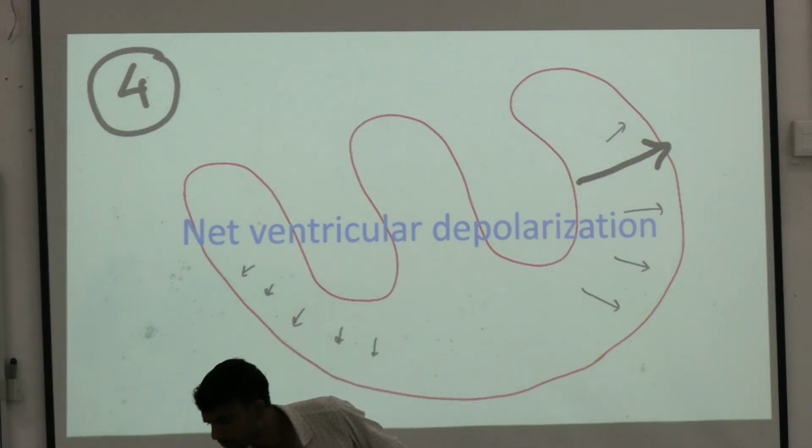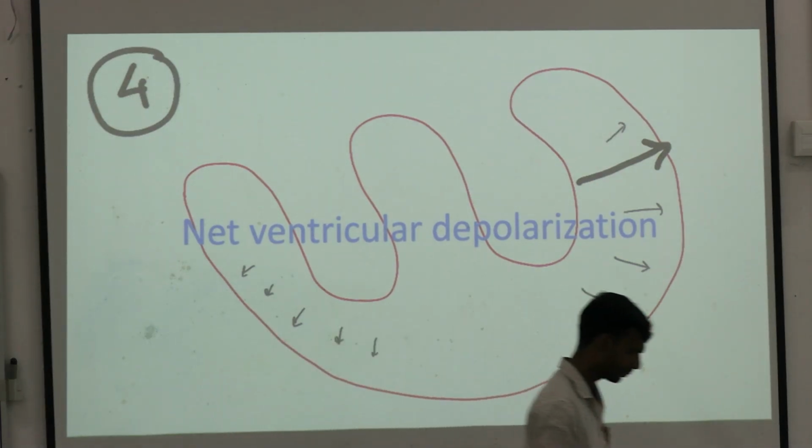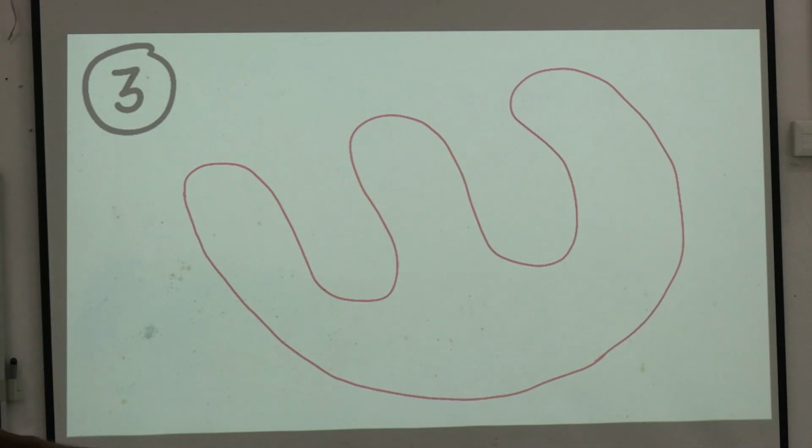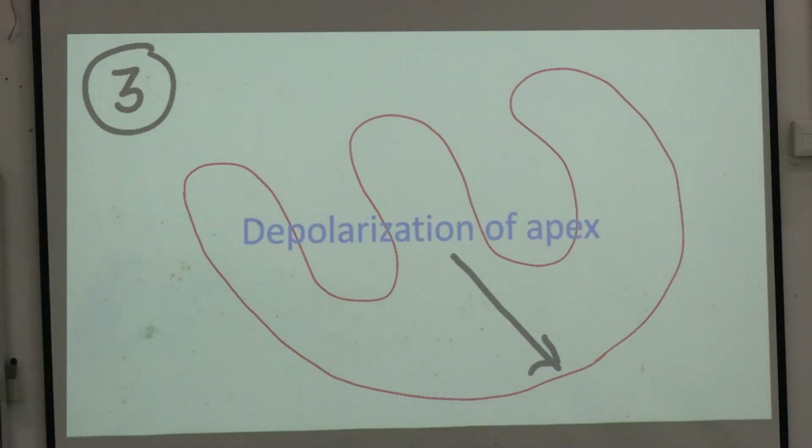Everyone notice the length of the arrow. This length matters because it denotes the magnitude of the vector, how strong the depolarization wave is.